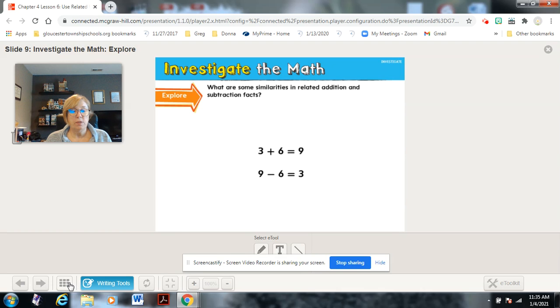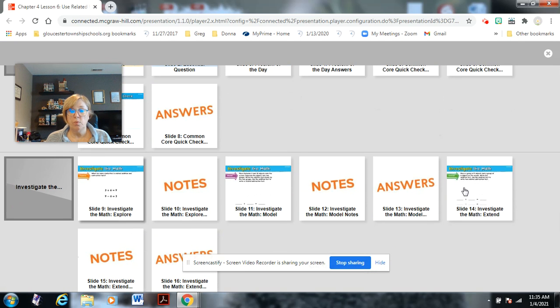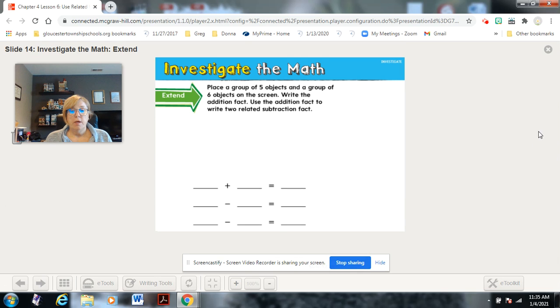Okay, so now let's look at one for us to do on our own here. They want a group of 5 objects and a group of 6 objects. Now again, this is where you can use your connecting cubes and your whiteboard together with me to solve this.